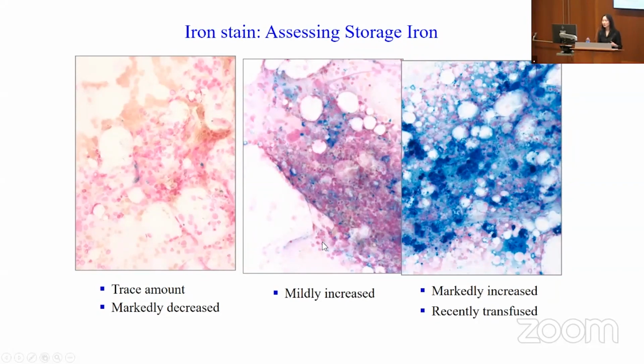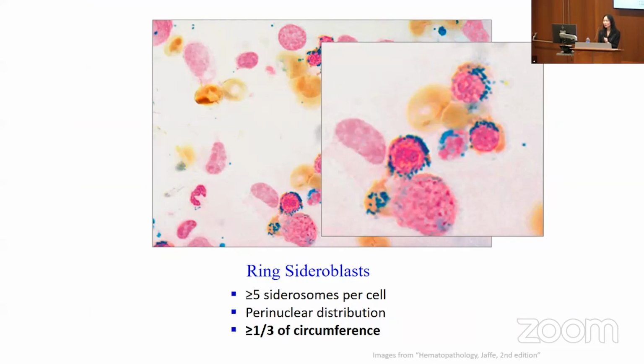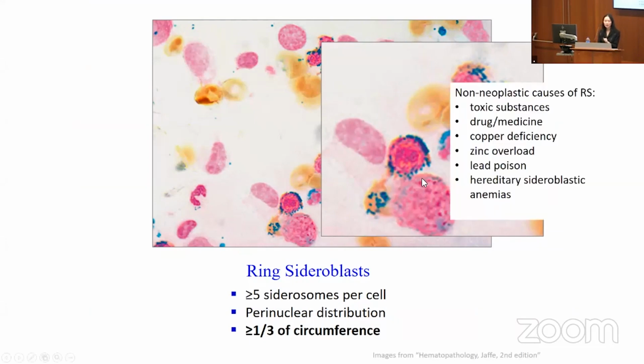And again, we do a semi-quantitative look at how much storage iron there is. And we also look for ring sideroblasts, and there's a specific definition of ring sideroblasts. Now, while it does correlate with a specific subtype of MDS, it can also be seen in certain non-neoplastic situations: certain types of drugs, copper deficiency, zinc overload, lead poisoning.